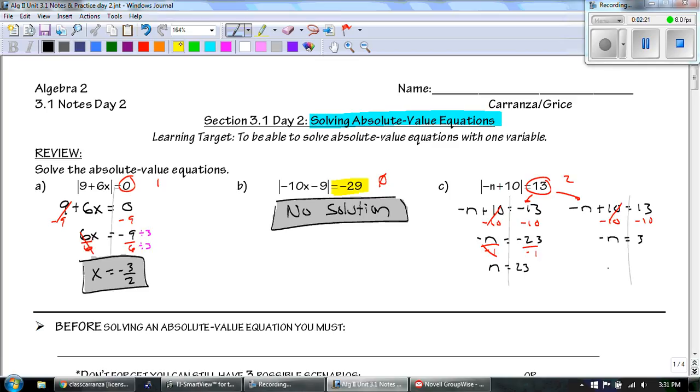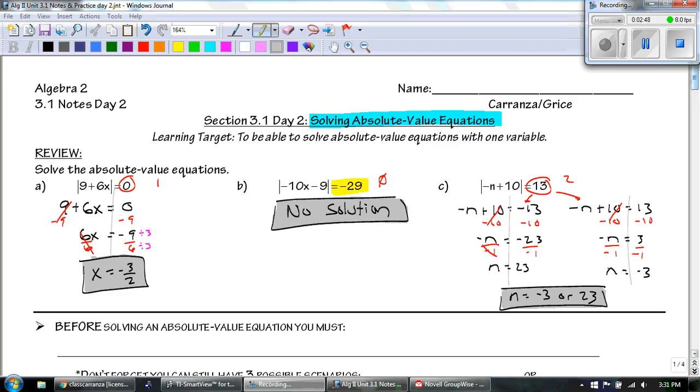So negative n equals 3, divide by negative 1, and we get that n equals negative 3. And the last thing I need to do is put that in order. N equals negative 3 or 23. And there you have it. 2.5 minutes of what we did yesterday.